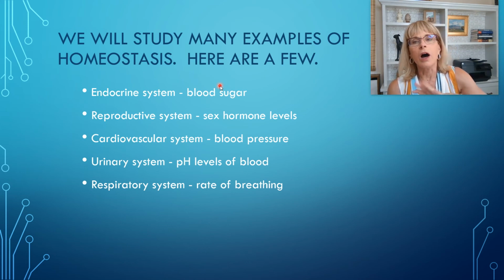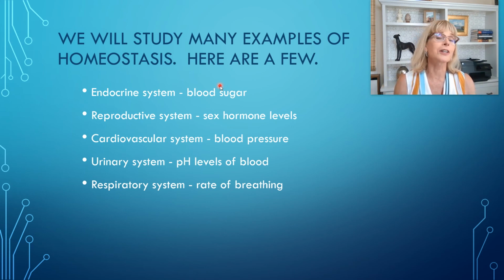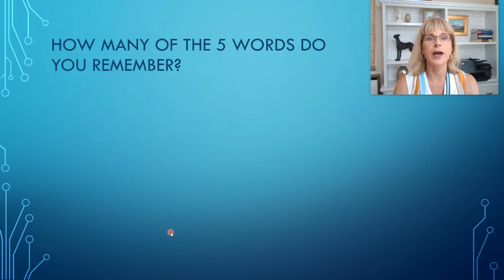So almost all of what you study in physiology and medicine are these examples of homeostasis. How do we keep this organism constant as life would have been in the ancient oceans, right? So all of these are examples of that.